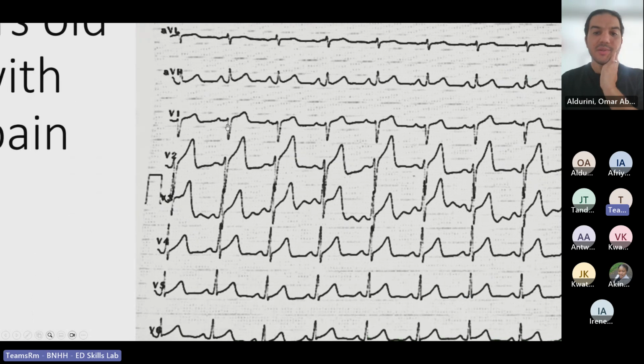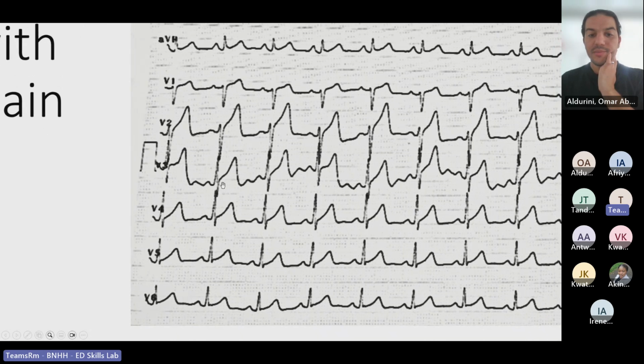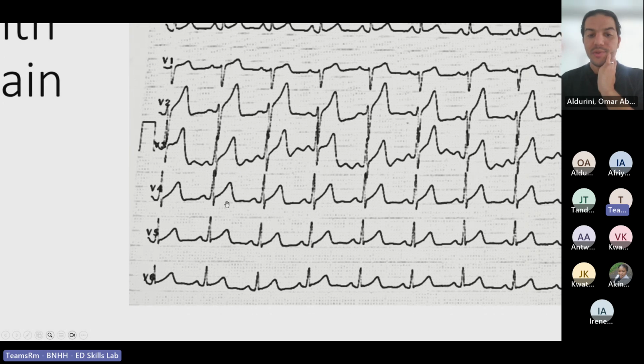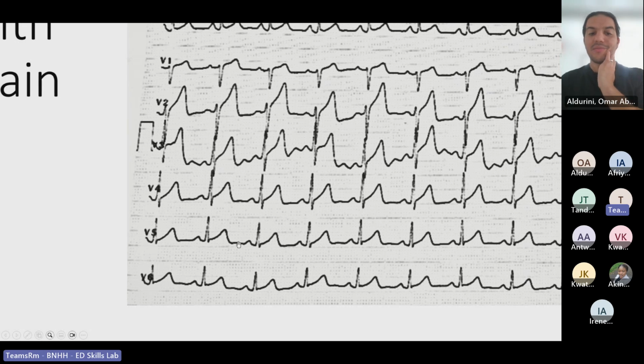If I start to look here, you can see that in V1 there is slight elevation. V2 is markedly elevated, and lead V3 is elevated as well. Lead V4 is elevated as well. V5 is almost normal. V6, the baseline is not great, but it looks normal.